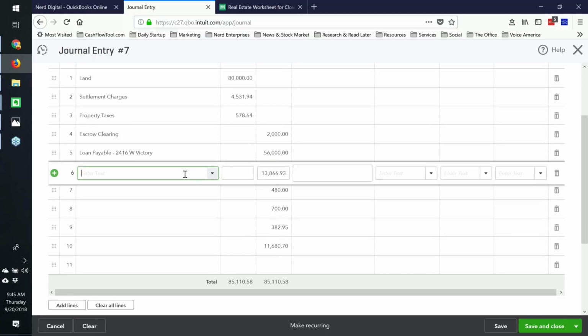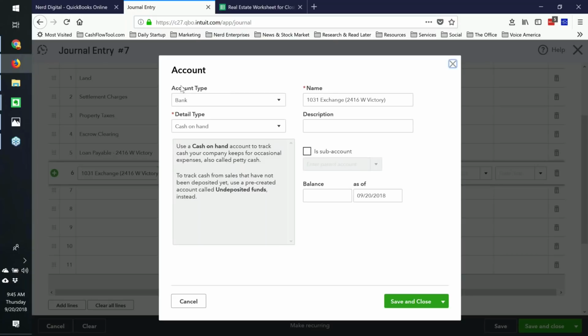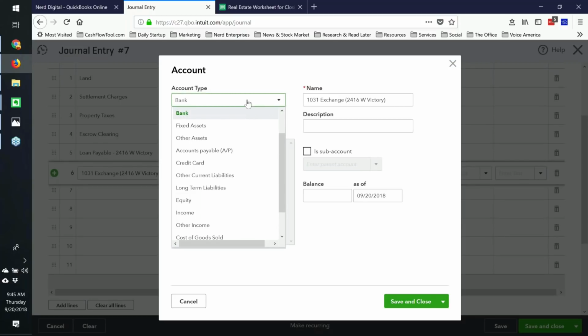This was the 1031 exchange. So we're also going to put this, for now, in the asset. So exchange 2416 West Victory. Because again, it serves to go to the basis of the new property. We're effectively transferring the basis from one property to the other.